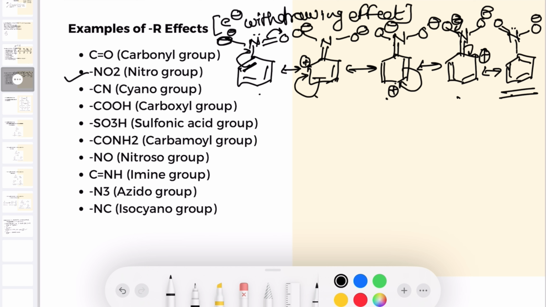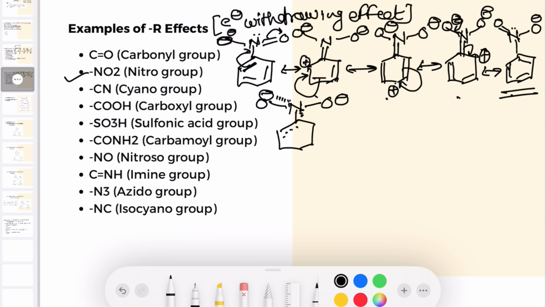This is our final fifth structure. This is also shown by putting a double headed arrow between all the structures. The resonance hybrid, that is the final structure, which shows all the changes in a compound, is shown like this.